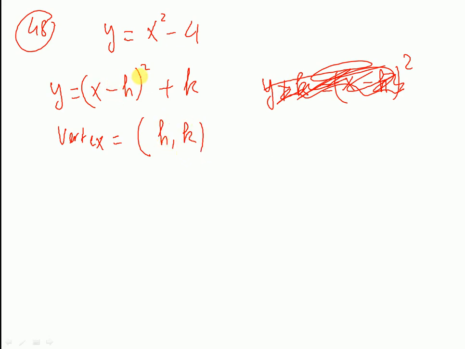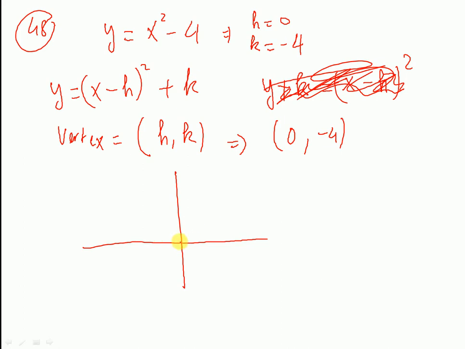So comparing to this equation, now the square term, we have only x, that means the h is 0, right? Now the k is whatever the number here we have, which is minus 4. So therefore the vertex is h is 0 and minus 4 for k. So if you sketch that, you got the vertex is 0 for x and minus 4 for y.